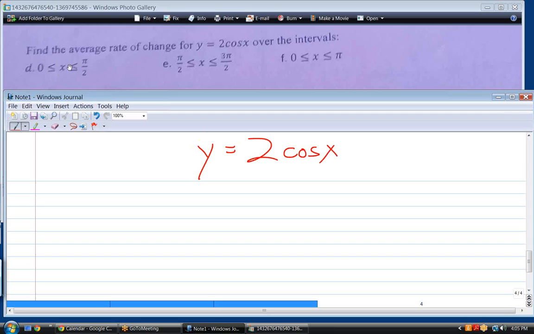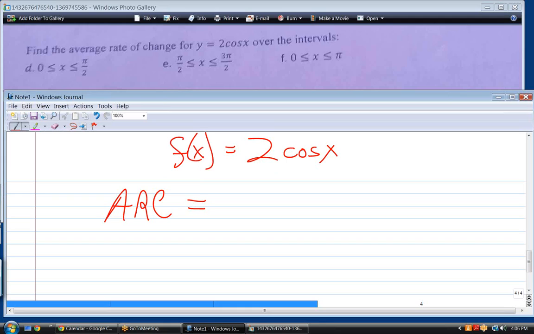So for this one, D, the average rate of change equals what? Remember, it's almost easier if instead of y we say f of x.